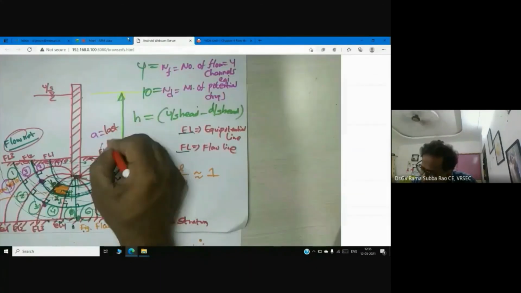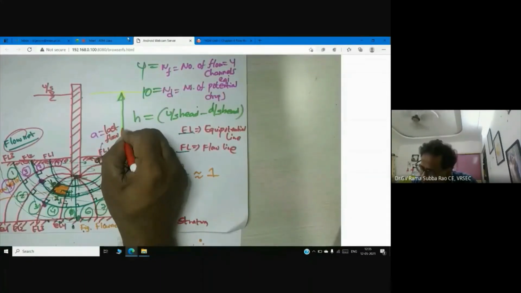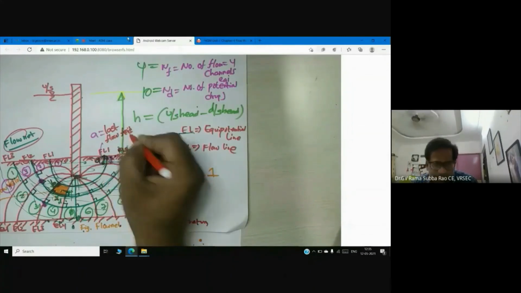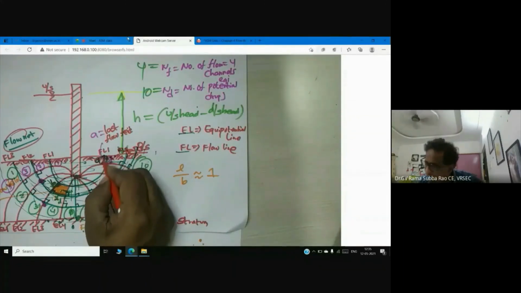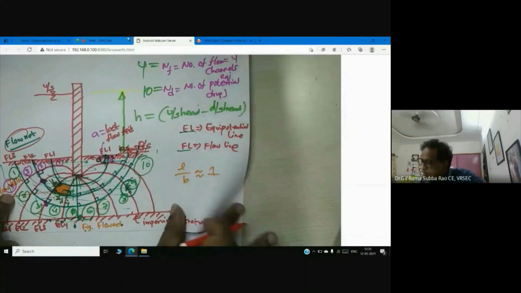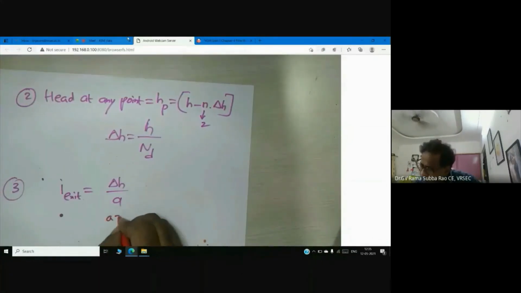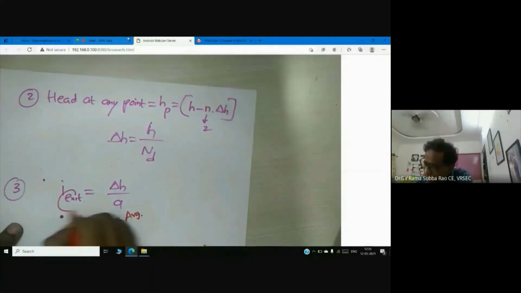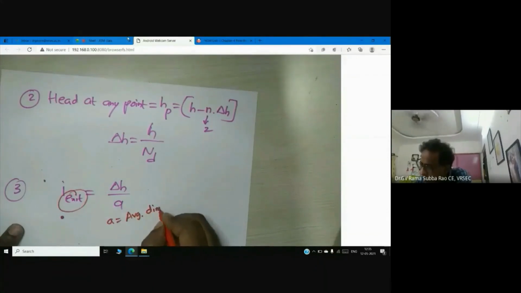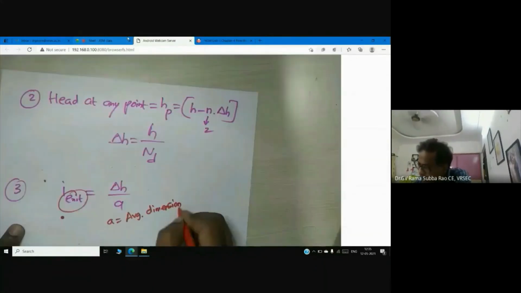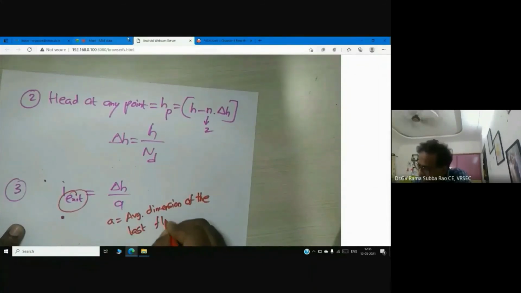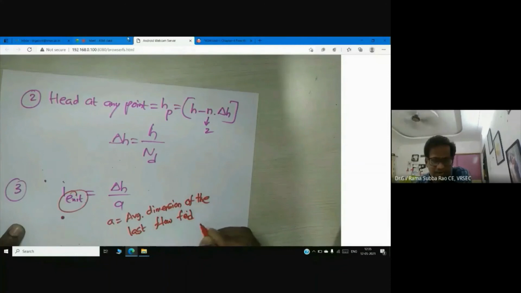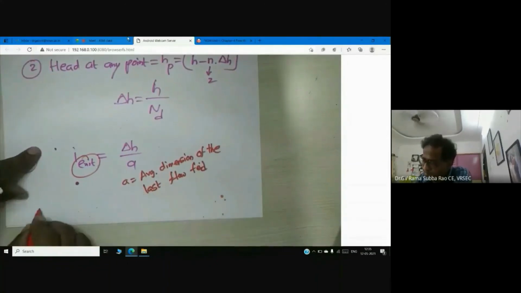See, you are writing exit gradient. So A is the average dimension of the last flow field.